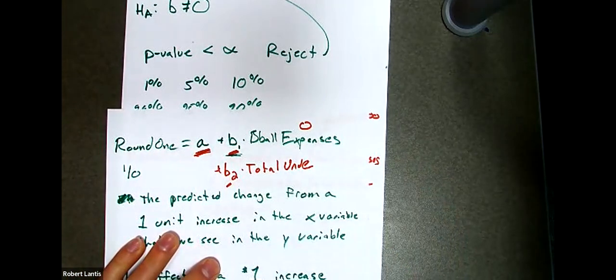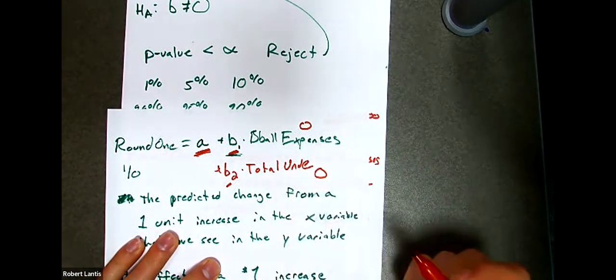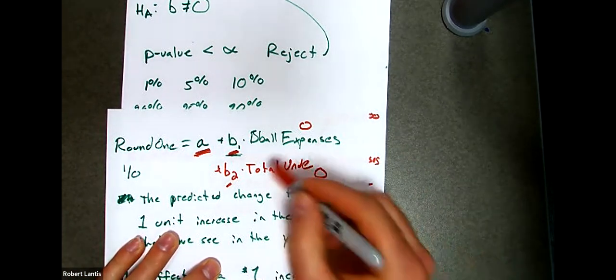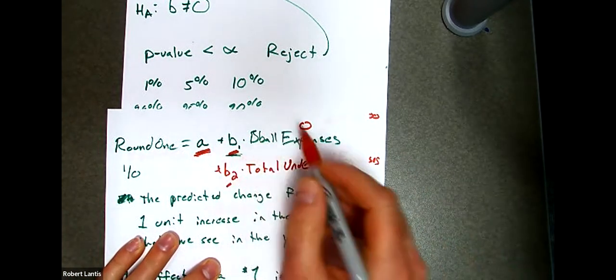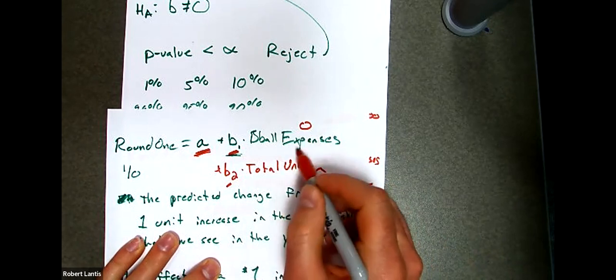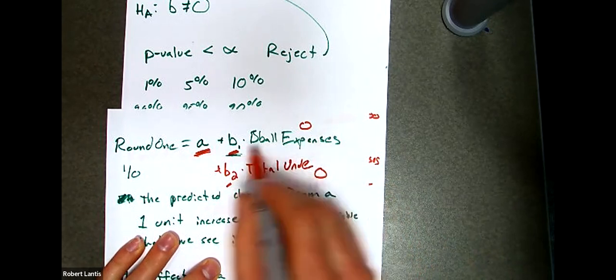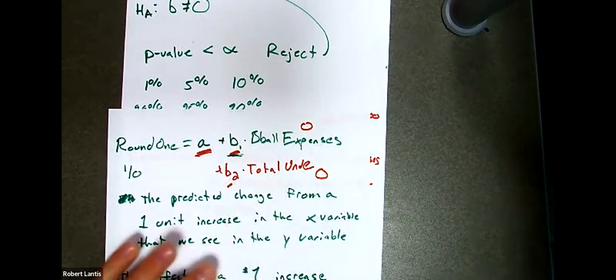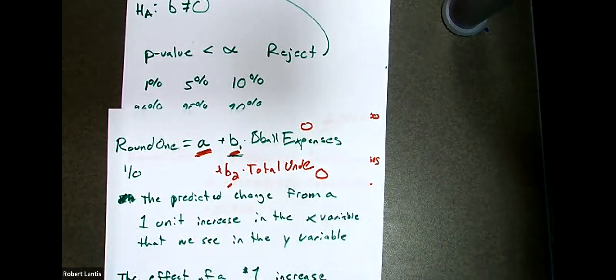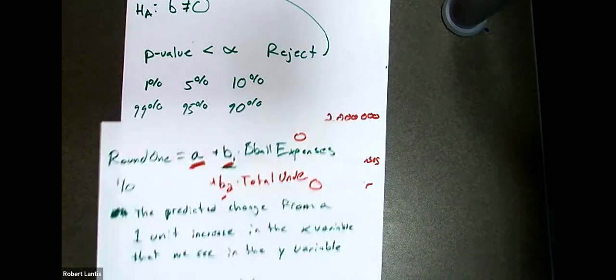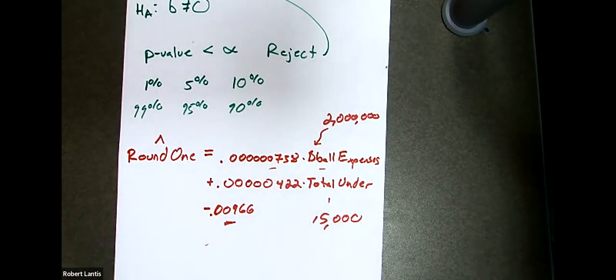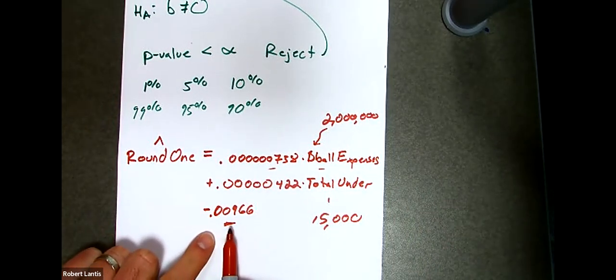When we have multiple variables, the only thing that changes is it's when all the X variables are equal to 0. So now the interpretation of my intercept is if all the variables I've included on that right-hand side are equal to 0, the intercept is the predicted value of my Y variable. So it's just instead of one variable being equal to 0, it's if all of them are equal to 0.